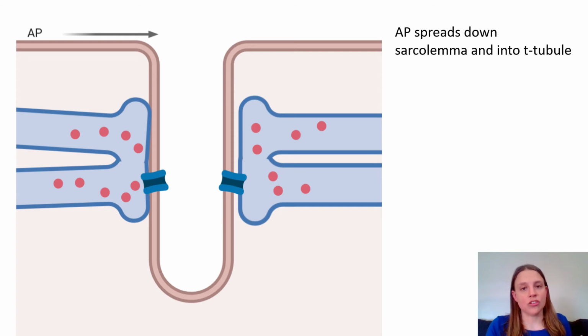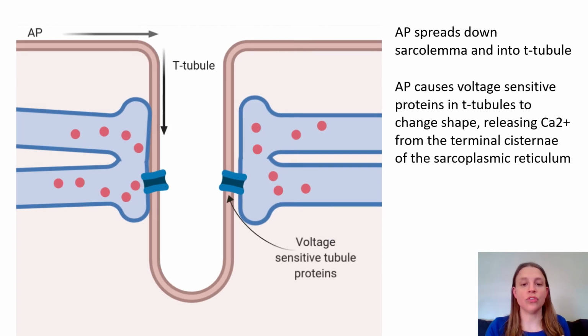As the action potential spreads down the sarcolemma, it goes into these spaces called T-tubules, which have these little voltage-sensitive tubule proteins. When the change in voltage happens near these tubule proteins, they change shape, and they release calcium that has been stored inside a part of the muscle called the sarcoplasmic reticulum.